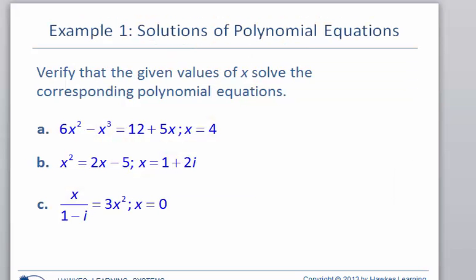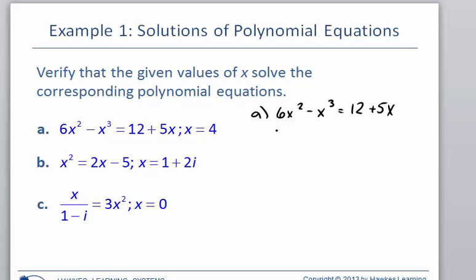So let's consider this part A of this first example. If x is equal to 4 is a solution to the equation 6x squared minus x cubed is equal to 12 plus 5x, what that means is that if I plug 4 into the expression everywhere there's an x, I will get a true statement.